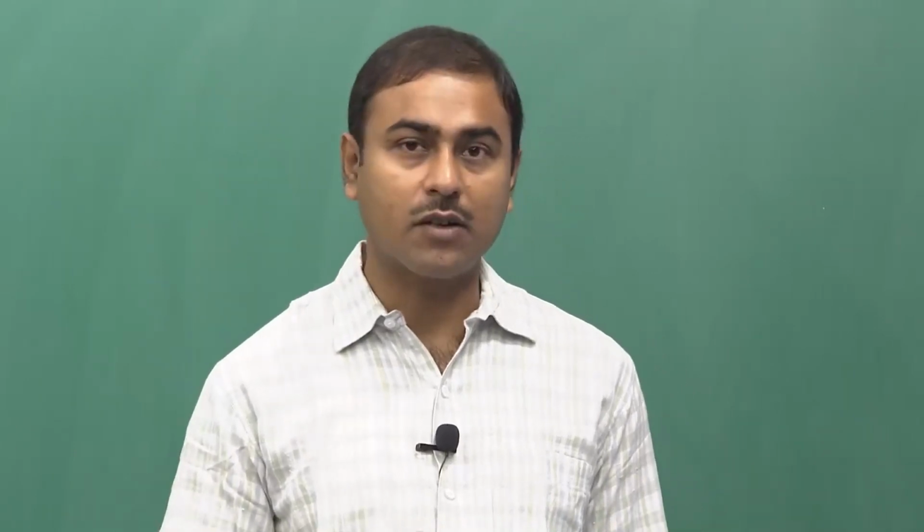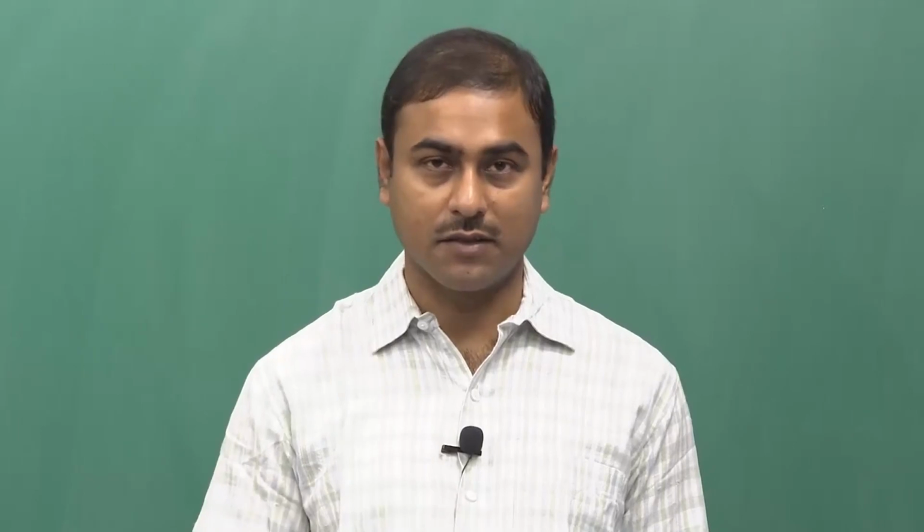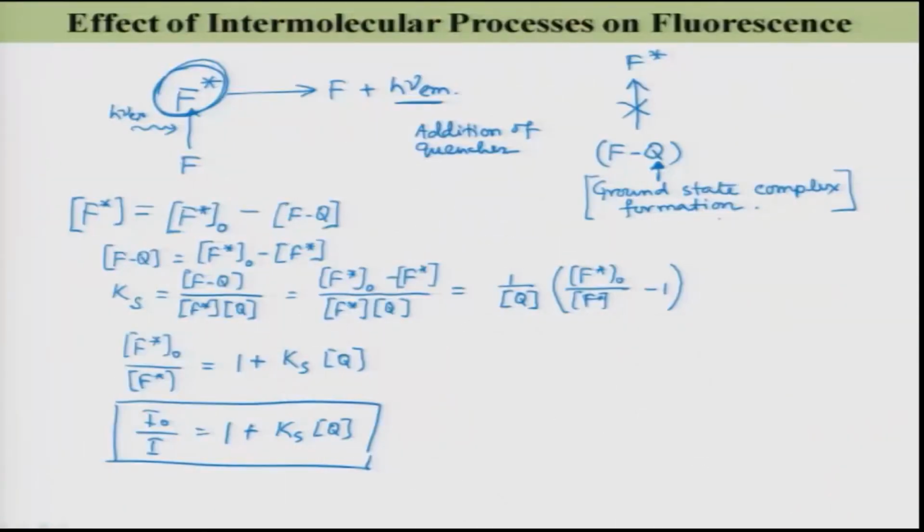The two phenomena are completely different, the mechanism is completely different, but the equations are very similar or exactly the same. This type of quenching is known as static quenching.